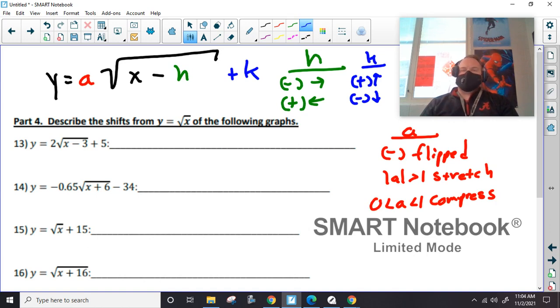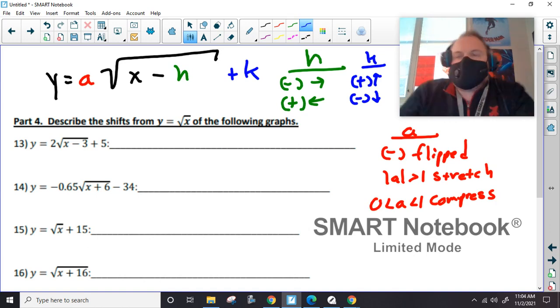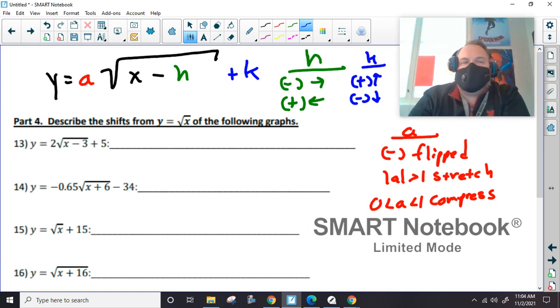Okay, so what I took the time to write down as he was doing that PSA is how, well, look, we've had this with quadratics, we've had it with other stuff. We'll see it again when we do other equations. You know, A, if it's negative, it's flipped. If the absolute value of A is greater than 1, it's a stretch.